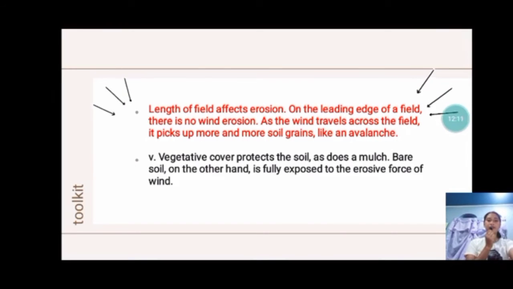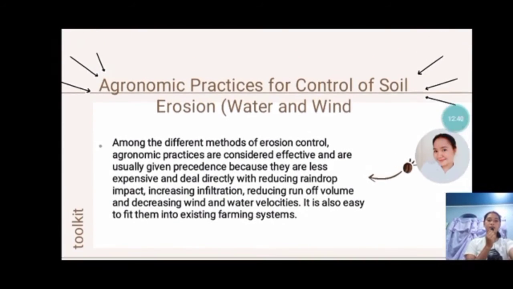Dry soil also supports a thinner vegetative cover. Length of field affects erosion. On the leading edge of the field, there is no wind erosion. As the wind travels across the field, it picks up more and more soil grains like an avalanche. Vegetative cover protects the soil, and thus a mulched soil, bare soil on the other hand is fully exposed to the erosive force of wind.